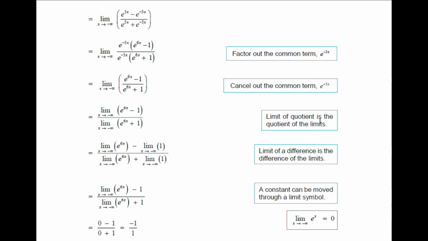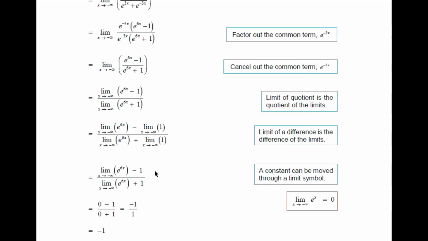And the limit of quotient is the quotient of the limits. And then we separate each term by its limit, and we get limit e power of 6x as x approaches negative infinity minus limit 1 as x approaches negative infinity over limit e power of 6x as x approaches negative infinity plus limit 1 as x approaches negative infinity.